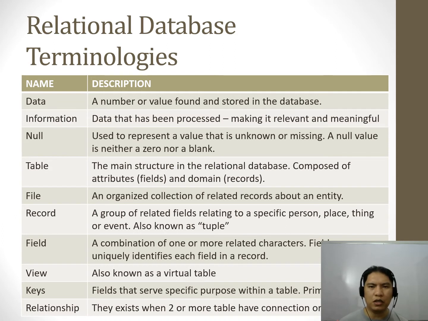For foreign keys, usually these are primary keys from the original table that act as foreign keys because they are being used in a different table. I hope you're able to imagine that one, but we'll give you a more detailed discussion on that one later on as well. Then the relationship exists when two or more tables have a connection or association.